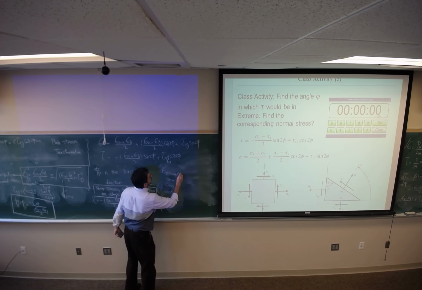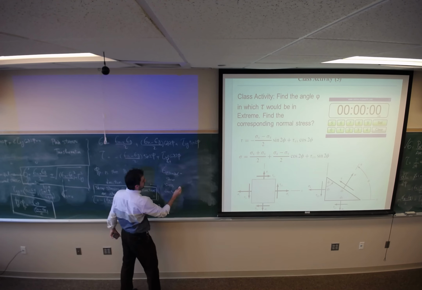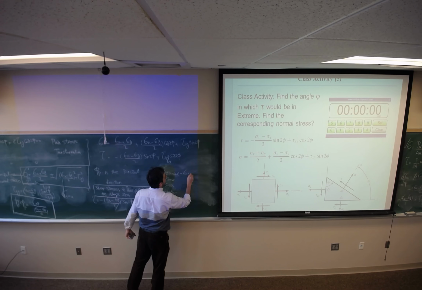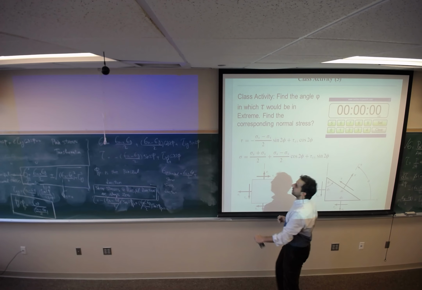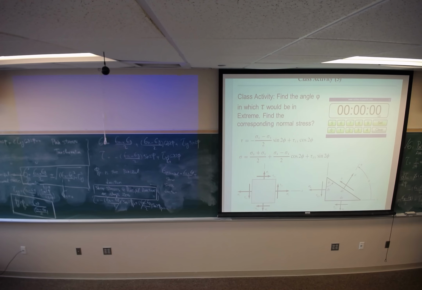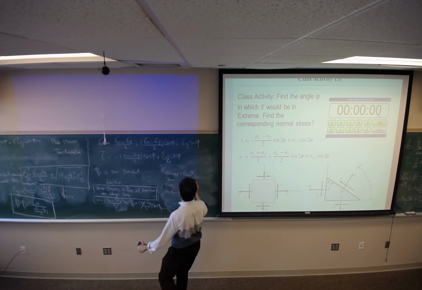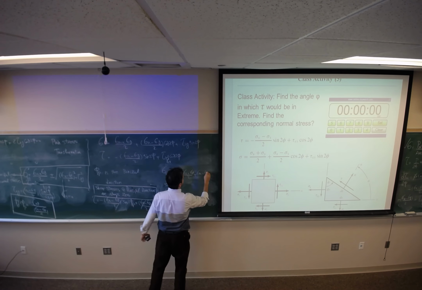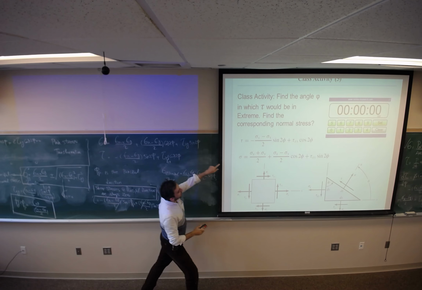I need to plug phi s into this equation. It's going to be (sigma x plus sigma y) divided by 2, plus the first term, (sigma x minus sigma y) times 2 cosine of 2 phi. Let me keep that for now. Plus (sigma x minus sigma y) cosine of 2 phi s plus tau xy sine of 2 phi.